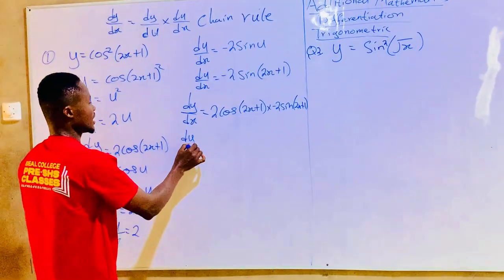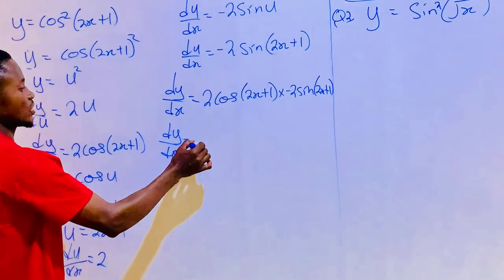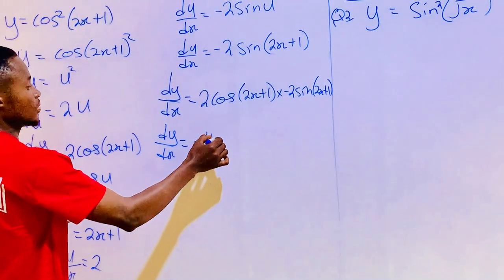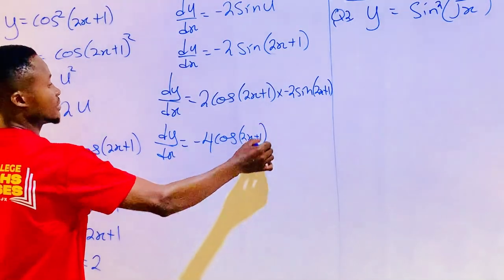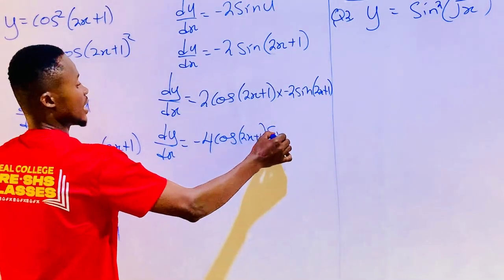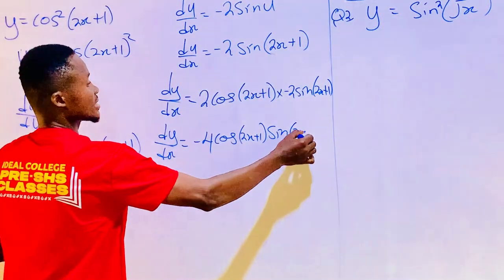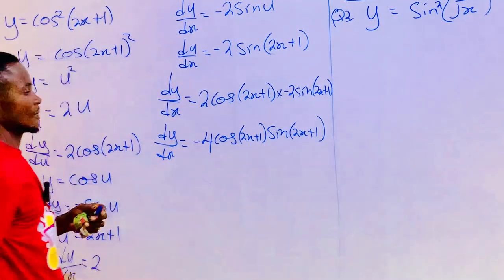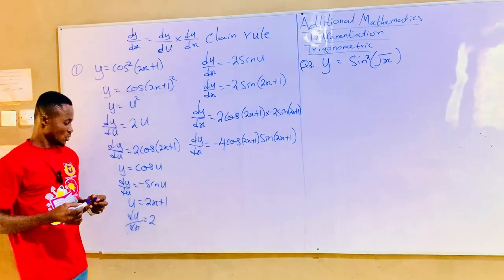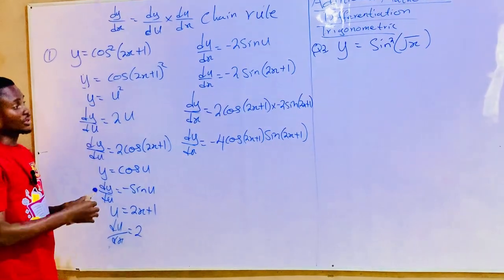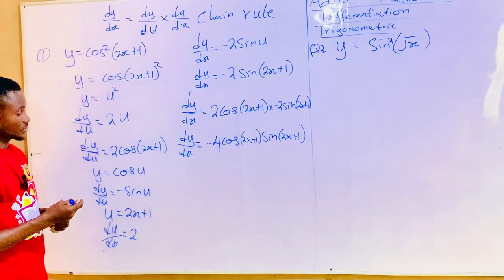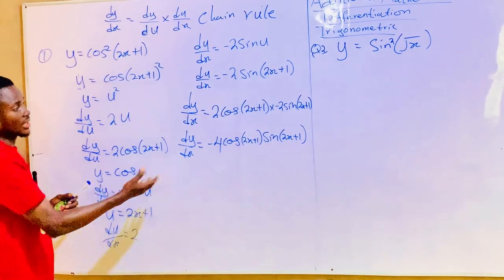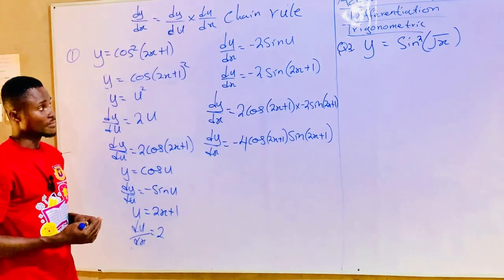So our dy over dx will be equal to negative 4 cos(2x + 1) sine(2x + 1). So this is how we differentiate trigonometry with respect to the chain rule. So this is our final solution over here.